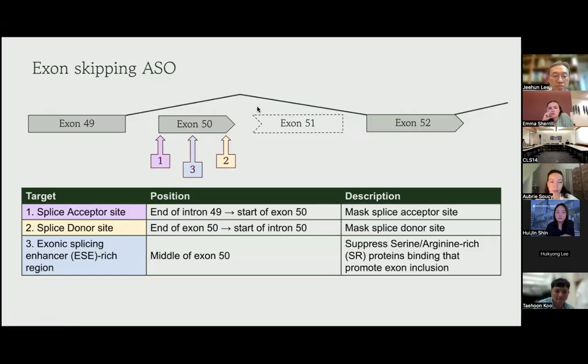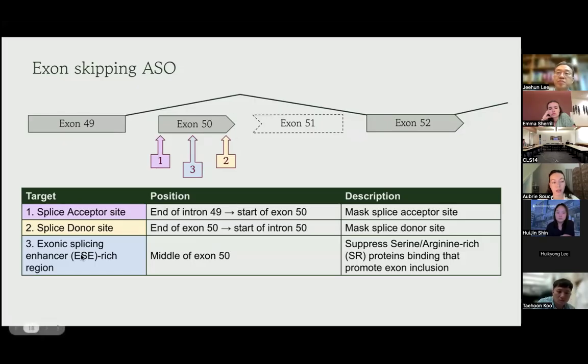Okay, so when designing exon skipping ASOs, Heejin focused on these 3 strategies. One is the splice acceptor site, so the beginning of exon 50, the intron 49 exon 50 boundary. The splice donor site, which is the end of exon 50 and start of intron 50 boundary.